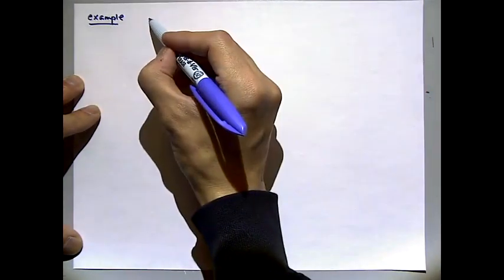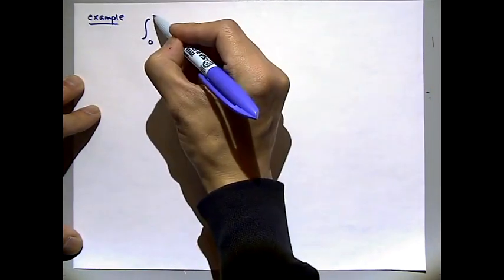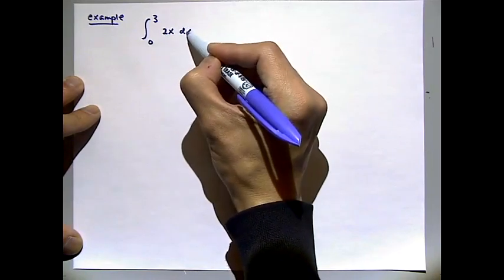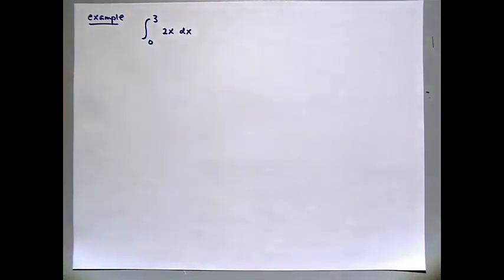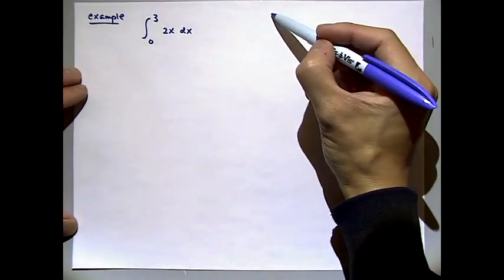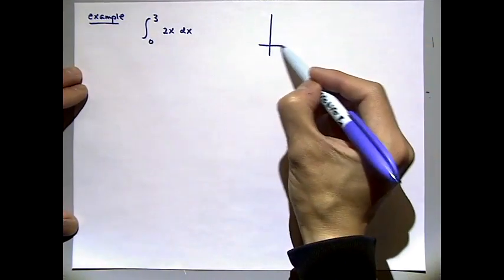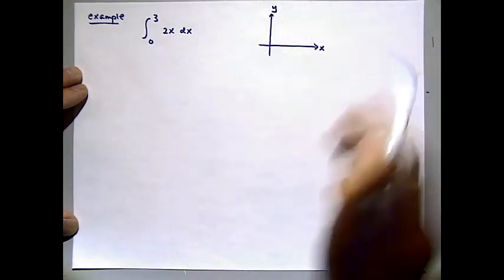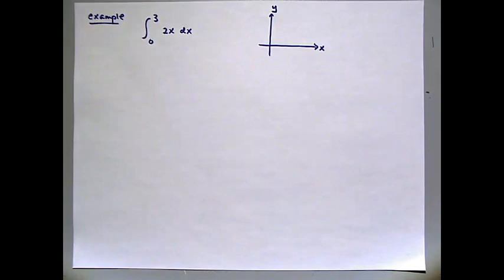Let's find the area under 2x from 0 to 3. Let's first use basic geometry to see what we should be getting. Then let's compare to what the theorem tells us.